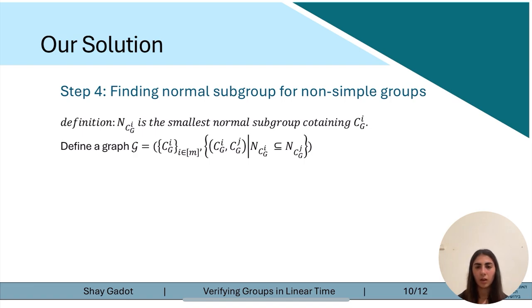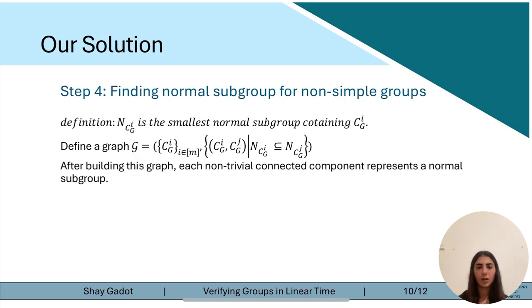And then we have no interest in searching the normal subgroup containing CGJ because we'd rather find the smaller one, because we don't want to find a subgroup that is trivial, and we want our algorithm to return a trivial subgroup only if the group is simple.